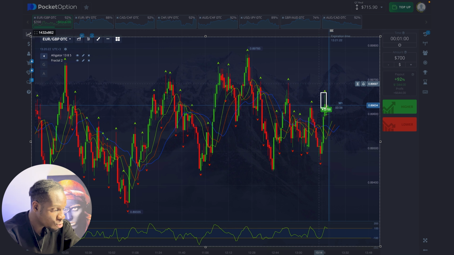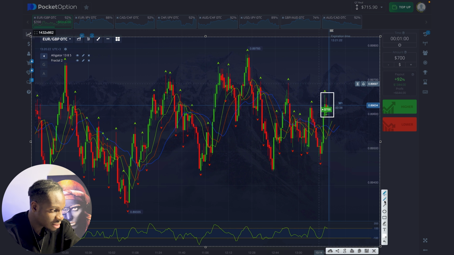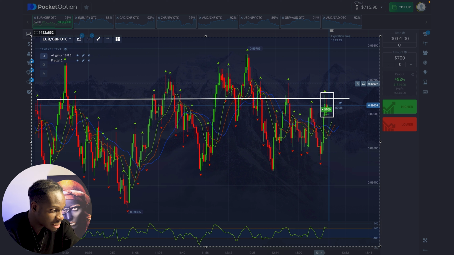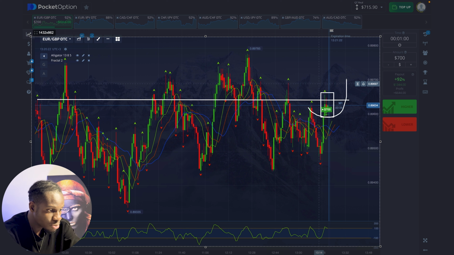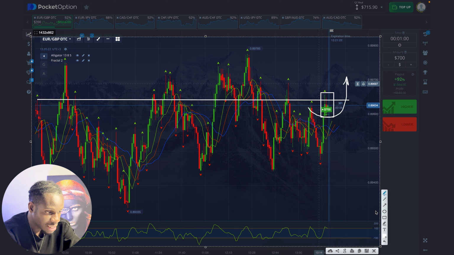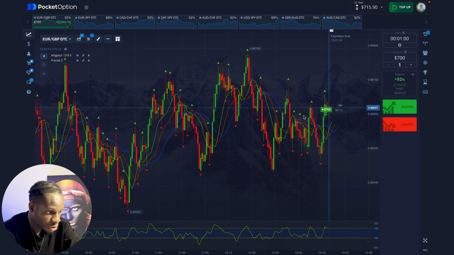So after this pullback, we can expect a better downward momentum. And this breakout is also suggesting that the price will most likely go up. The alligator's moving lines have intersected, as we can see. Let's see the result, guys.